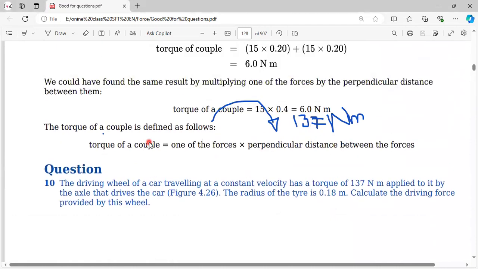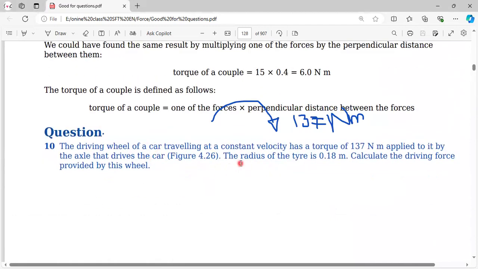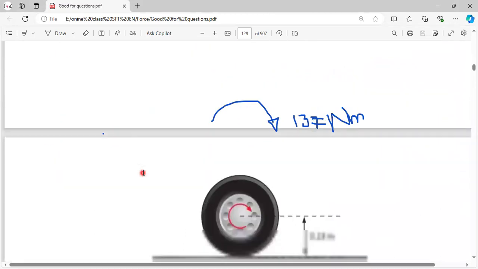The radius of the tire is 0.8 meters. Calculate the driving force provided by this wheel.